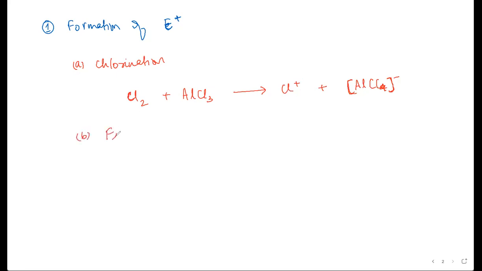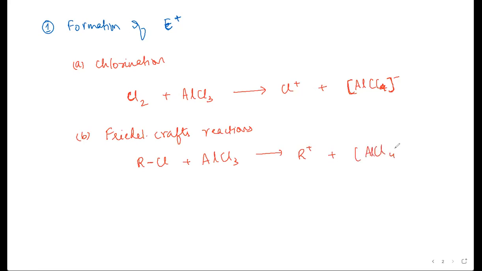Similarly, in the case of Friedel-Crafts reactions, you've got alkylation, in which case you take RCl. Again, exact same mechanism. The AlCl3 takes away the Cl, leaving you R plus and the AlCl4 minus complex.